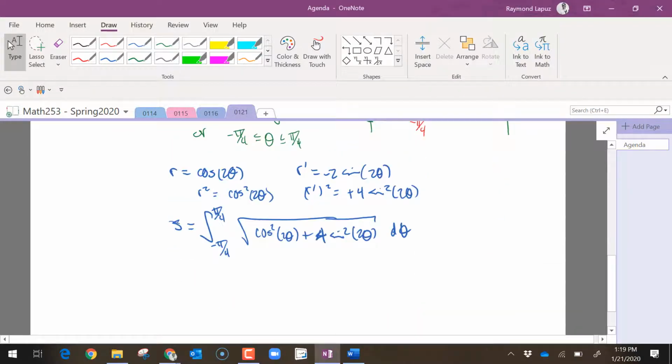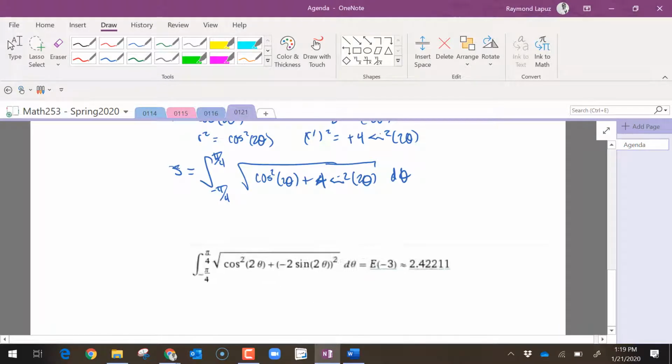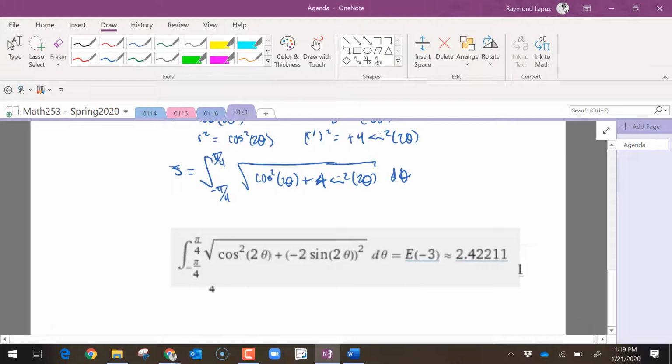So there are some common functions that pop up in math that come up often enough that Wolfram, or I guess not just Wolfram, but a bunch of math people, decide that it's worth naming a function after it.